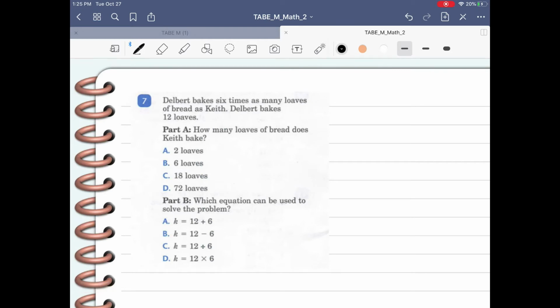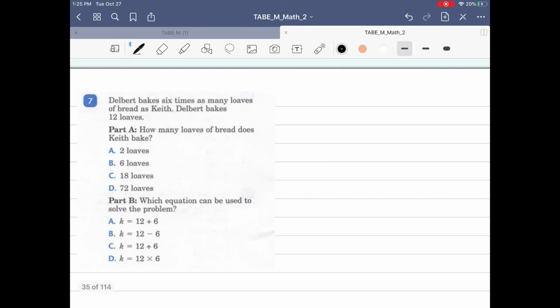Number 7. Delbert bakes 6 times as many loaves of bread as Keith. Delbert bakes 12 loaves. So Delbert is 6 times Keith.